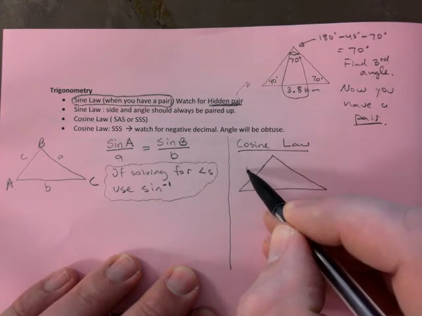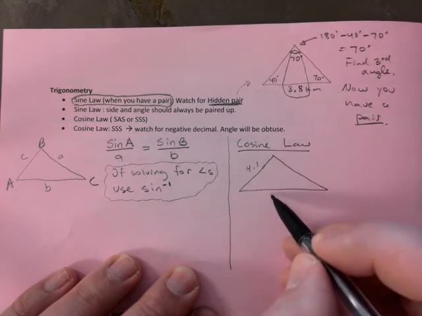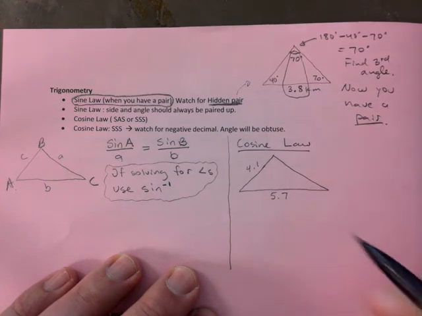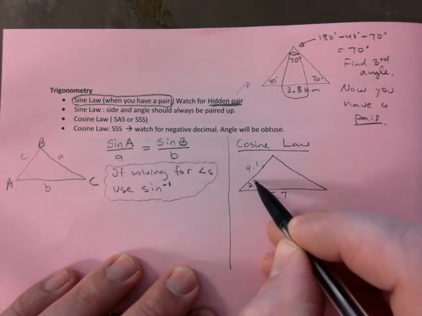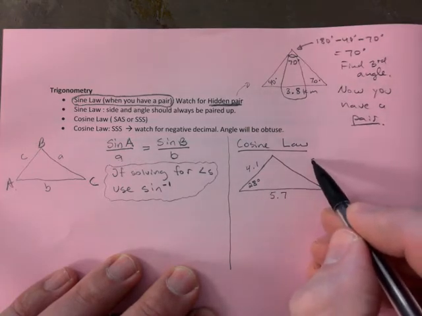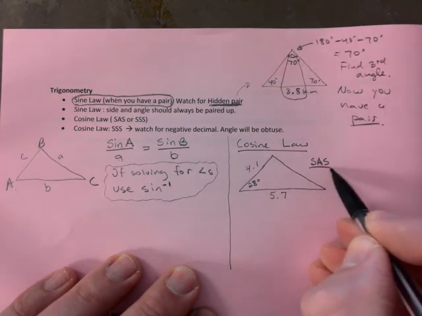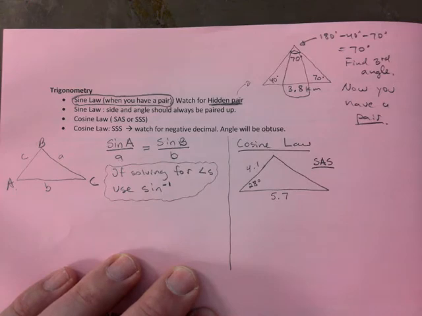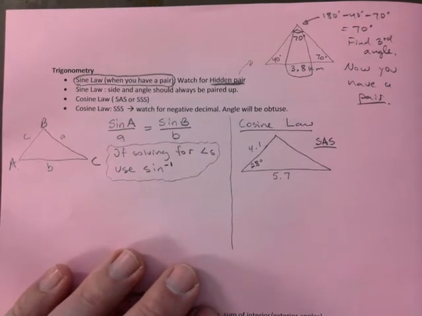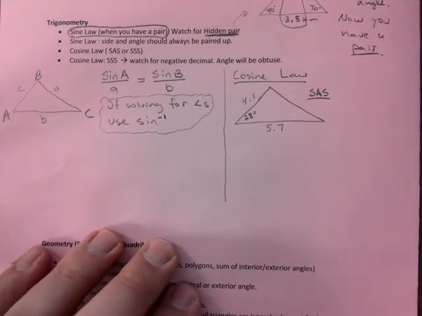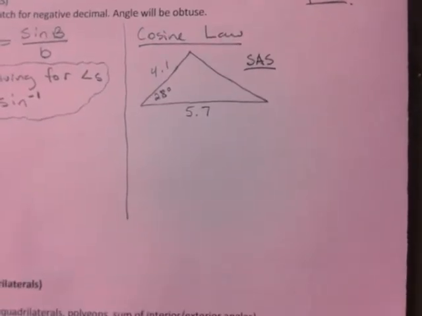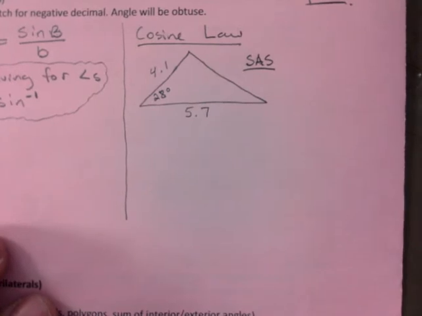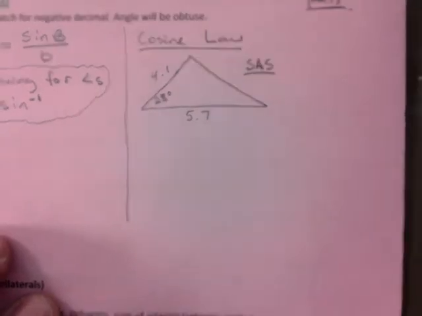So let's say this side is 4.1 and this one is 5.7. And the angle in between, let's say it's 28 degrees. This is what we call a side angle side. And I think I'm going to zoom into that one right now. Okay, that's a side angle side scenario.